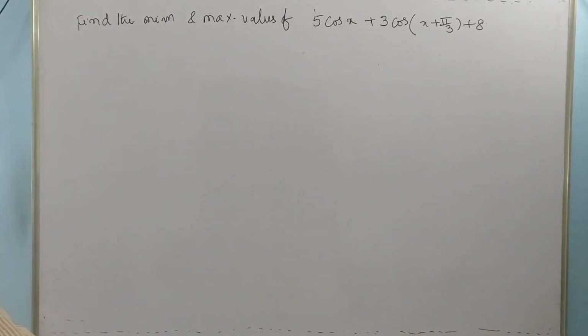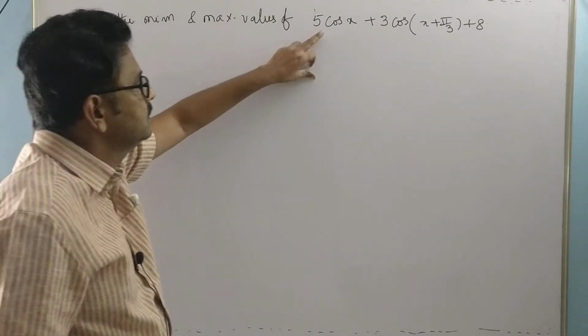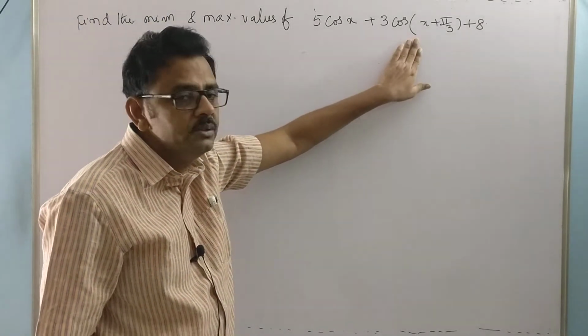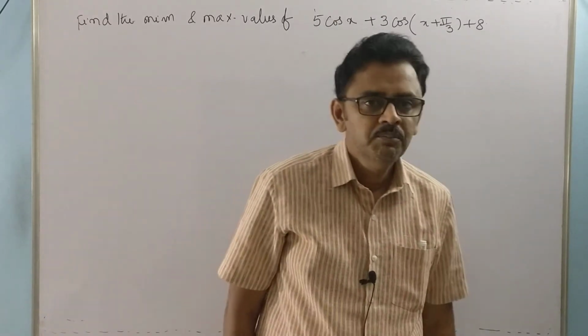Minimum and maximum values. So this expression I have to reduce to the form a cos theta plus b sin theta plus c.